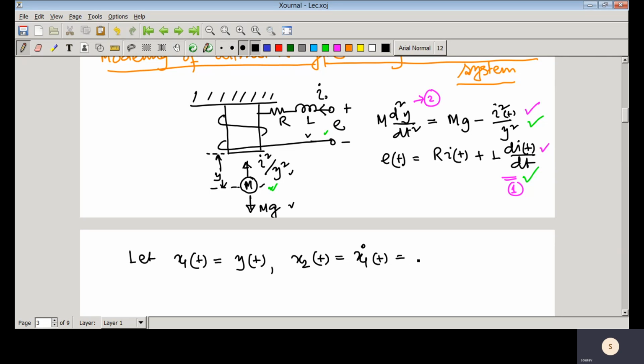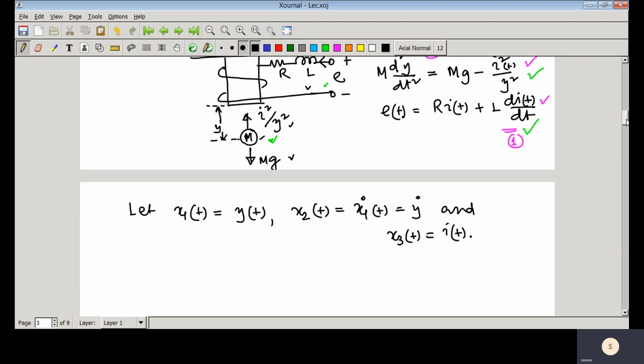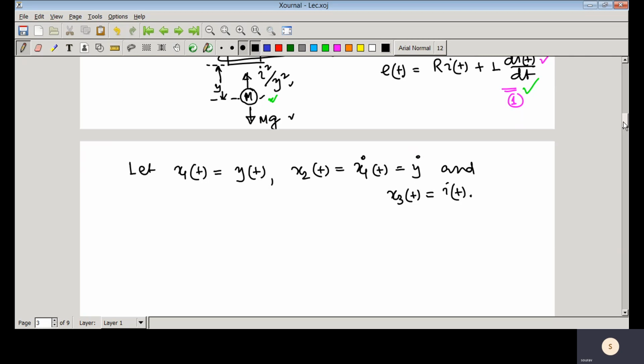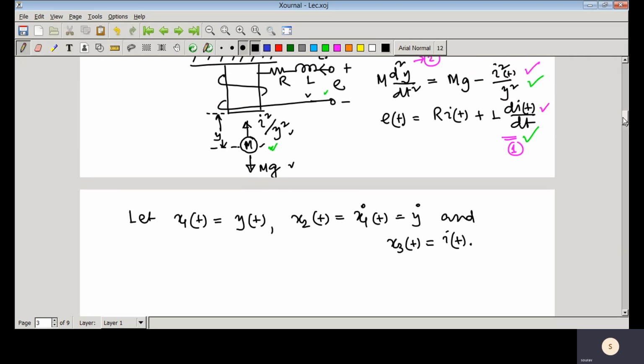So that is nothing but y dot, and x3(t) is the current flowing through that circuit. So we defined these 3 state variables, and we can see the first equation. You can see the d2y by dt2.